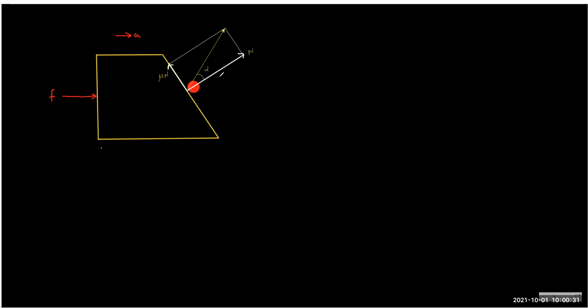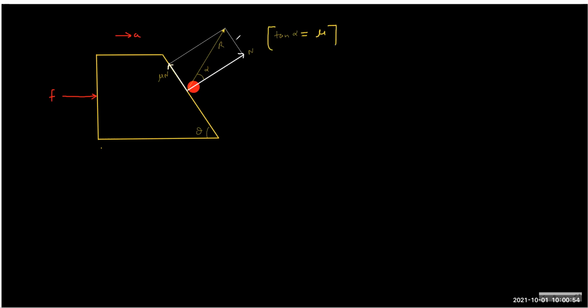So this angle we can calculate, isn't it? I think we have done this part. What is this angle? Theta. Look, tan alpha is how much, guys? So tan alpha turns out to be mu only, if you remember.